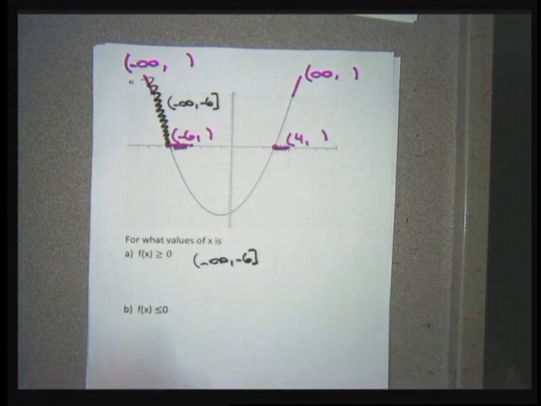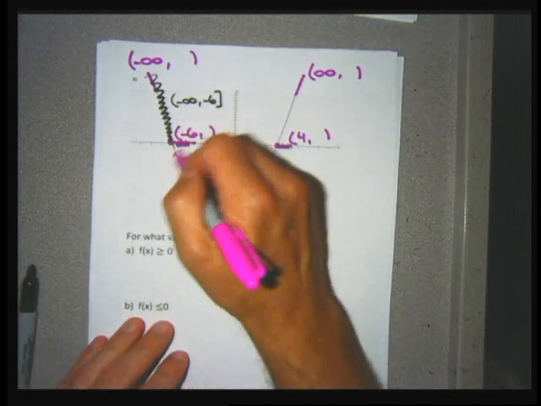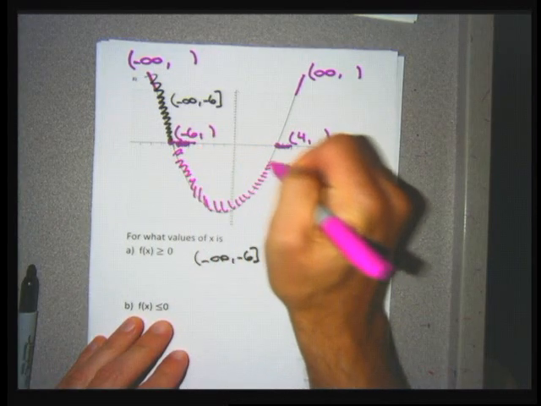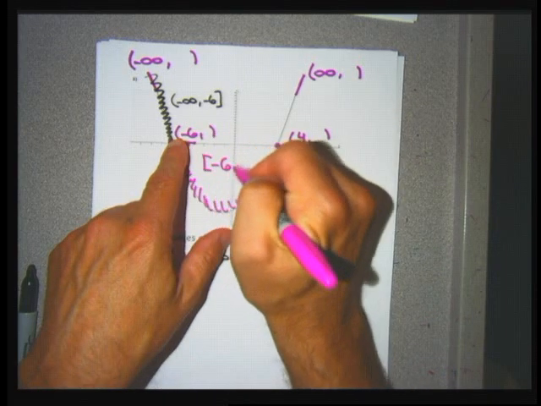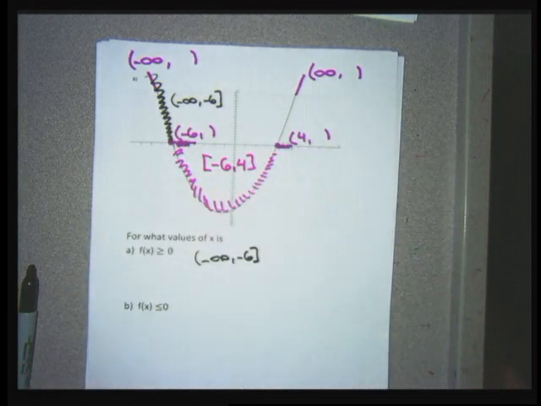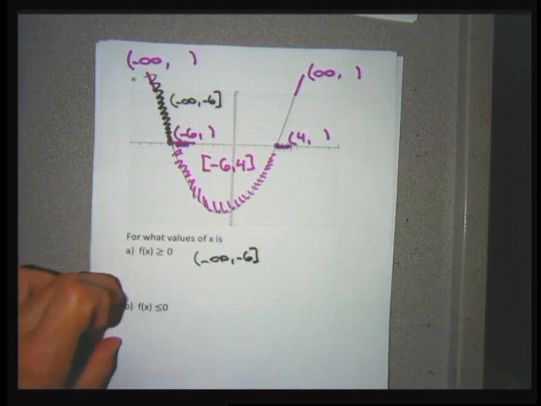Now I'm going to look between this x-intercept and that x-intercept. I'm going to create an interval that's described by this in terms of x's. And in terms of x's, this is the interval from x equal to negative 6 to x equals 4. That region needs to be put in my answer. To figure out if it goes for part A or part B, I ask myself, is that region above or below the x-axis?